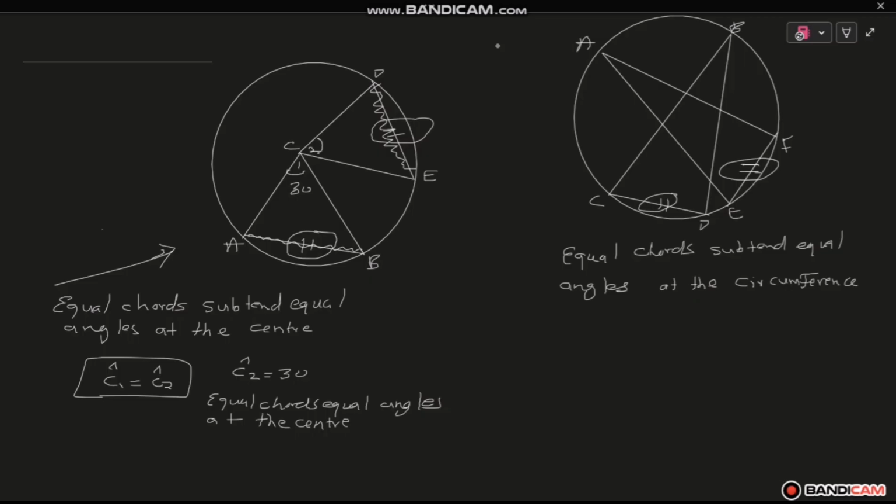Meaning angle A, that angle that we are having here, will be equal to angle B. So angle A equals angle B. Okay, so this is a statement and this is a reason. This is your statement, then the reason why you are saying A equals B is equal chords.